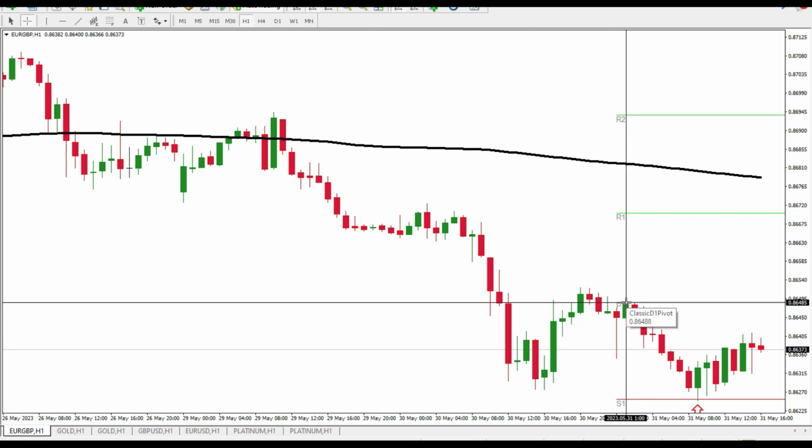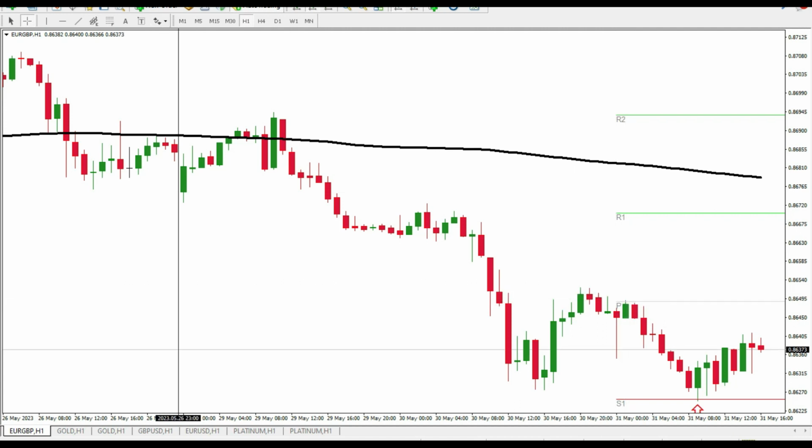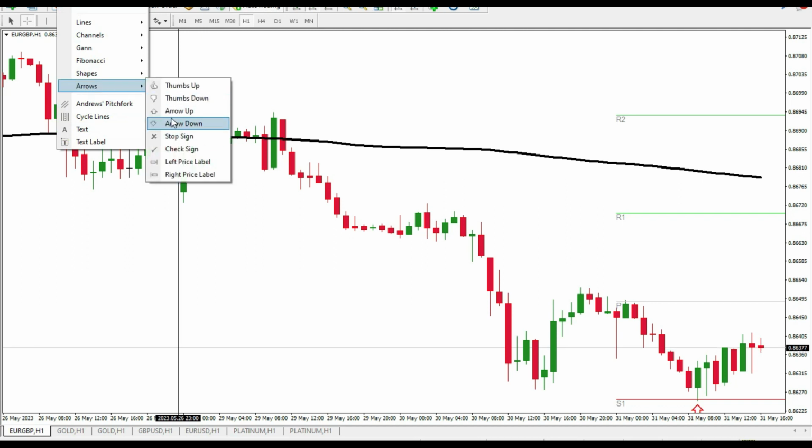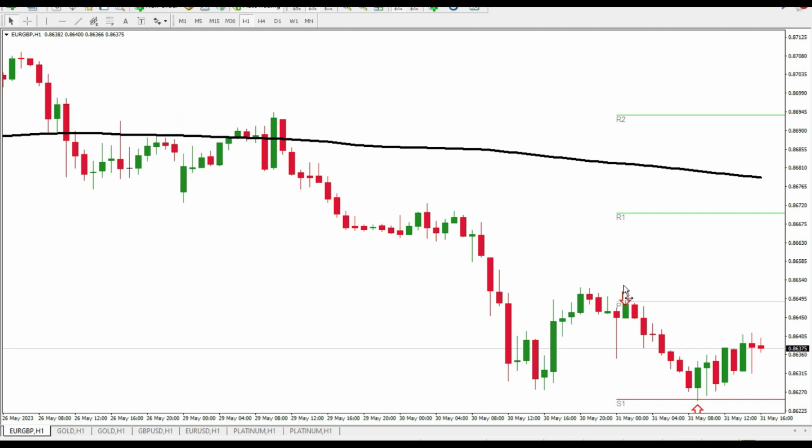If we create a sell order on that pivot point price level, just here, or we just put an arrow to see it better, this is the sell order. We can see the beautiful move of about 35 pips down.